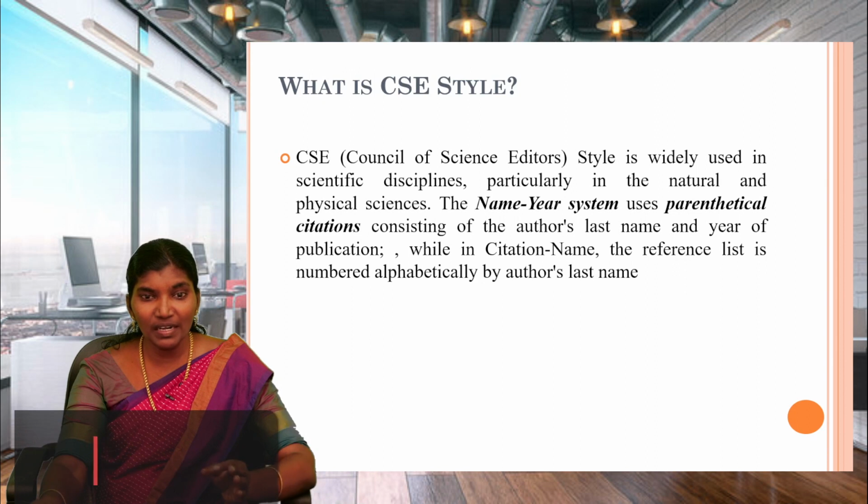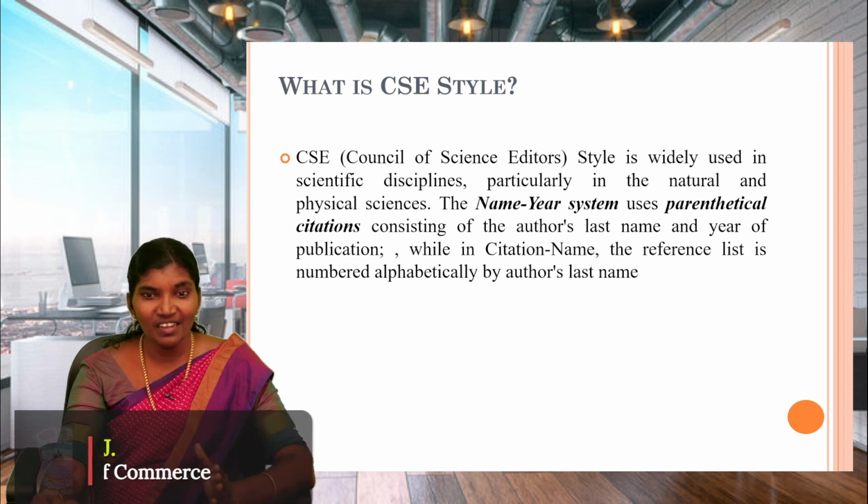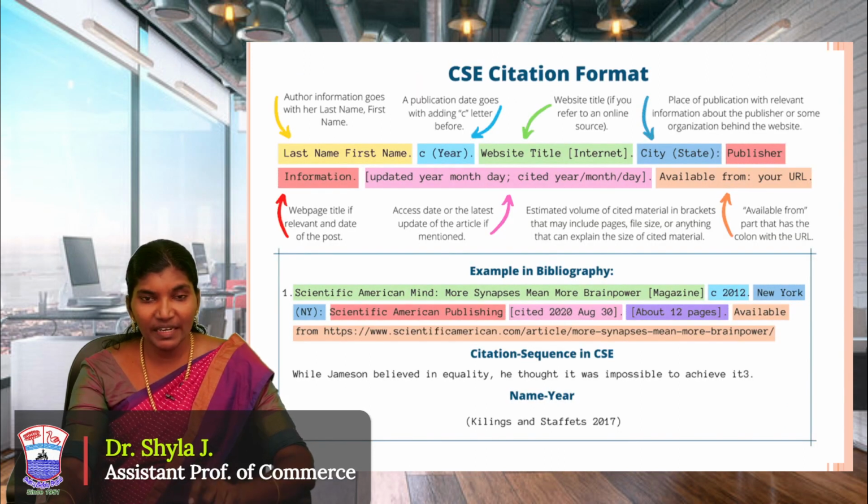So only slight changes we can see in each reference style. While in citation-name, the reference list is numbered alphabetically by author's last name. This is an example of CSE citation format.